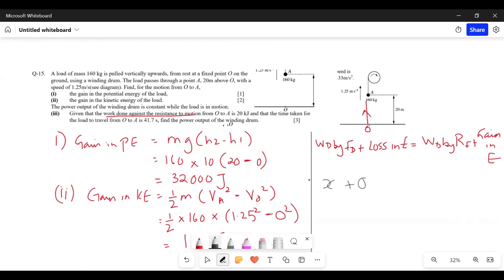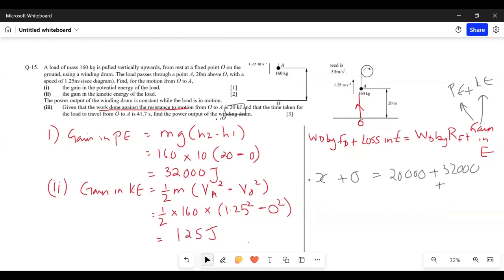सो 0 is equals to work done by resisting force. So वो क्वेश्चन में दी हुई है. It is 20,000 joules. So we write 20,000 plus गेन इन एनर्जी में दोनों लिखेंगे. पोटेंशियल एनर्जी का भी गेन हो रहा है और काइनेटिक एनर्जी का भी गेन. सो पोटेंशियल एनर्जी का गेन था 32,000 और काइनेटिक एनर्जी का गेन है 125 joules.